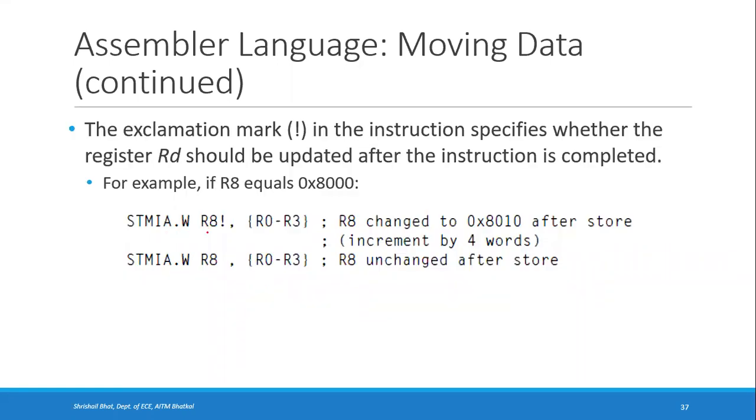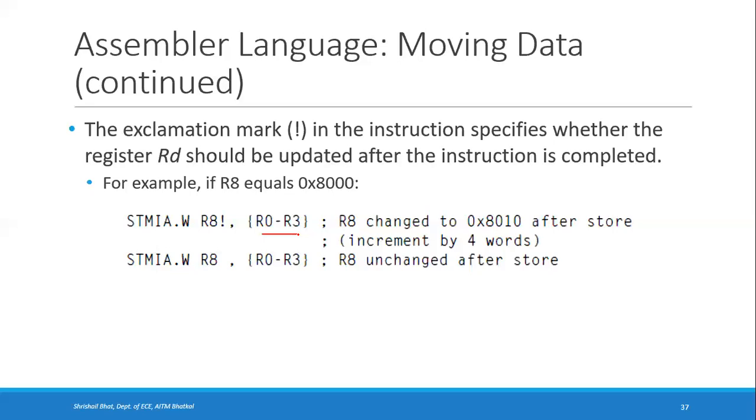STMIA.W R8!, then the register list R0 to R3. If you write R0 to R3, it will take into consideration 4 registers: R0, R1, R2, R3, and each register is 32-bit wide. So there are 4 words.